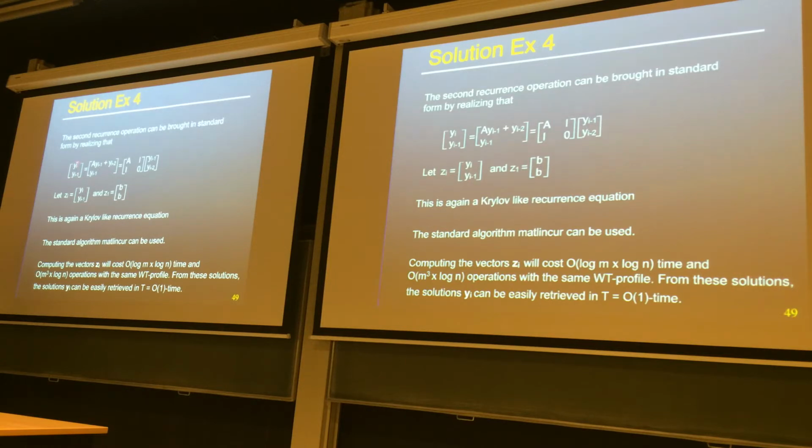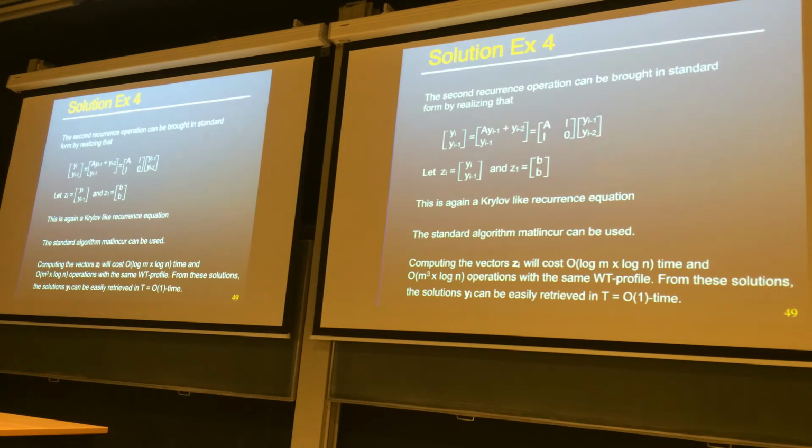Now I take a combination of y_i and y_{i-1}, and here I fill in the original form, and here I just repeat, so here I make a dummy equation. This is the second term. Now, if I expand this, I get the following matrix: A, identity matrix, 0, times y_{i-1}, y_{i-2}. And this, of course, can be formed as a new system of linear recurrences if I take z_i as the combination of the former vectors y_i, and z_1 equal to b.